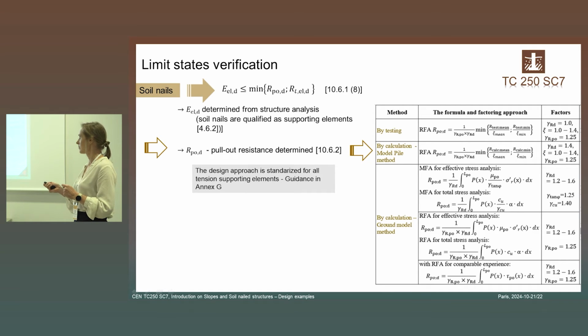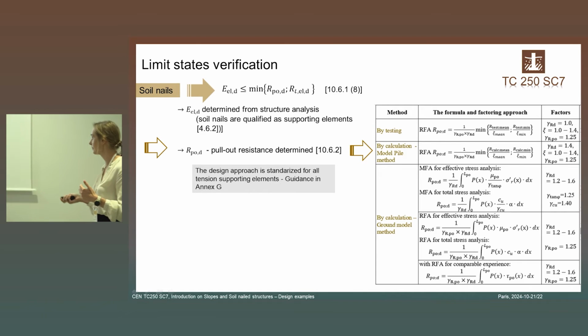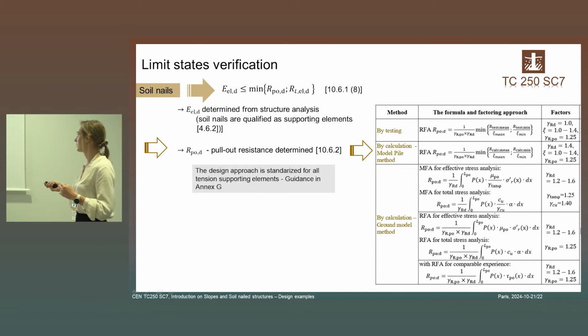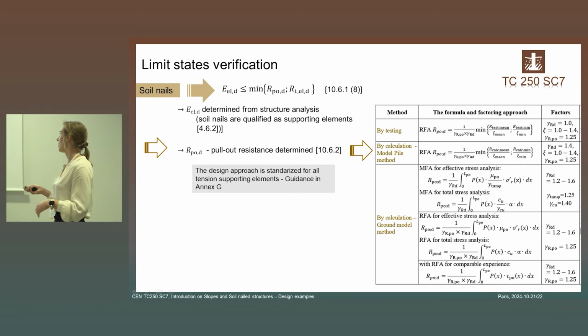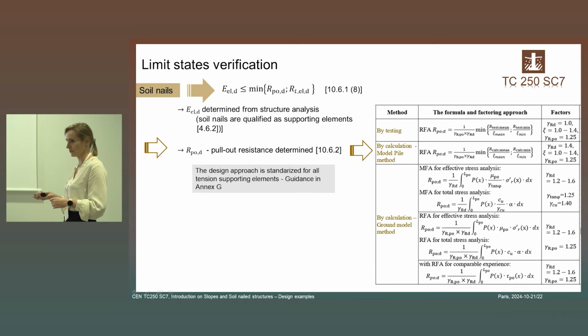And if it's about pull-out resistance determination, the methods are now somehow harmonized with other supporting elements working in tension, which means that they can be determined by testing, similarly to how it's done for anchors, or by calculation using either a model pile method or a ground model method, including using comparable experience, which is very popular, I think.